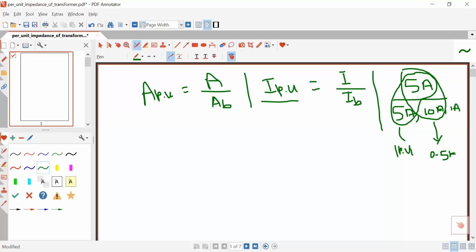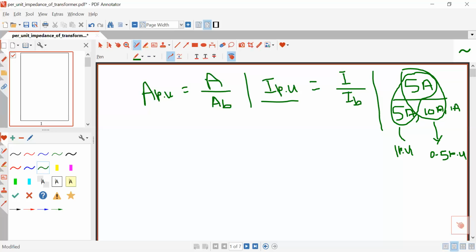So you can see here that as the base value changes, the answer changes. But both answers are correct. You just have to write that the current value is 1 per unit on base 5 ampere, and the current value is 0.5 per unit on base 10 ampere. Just mention the base value.